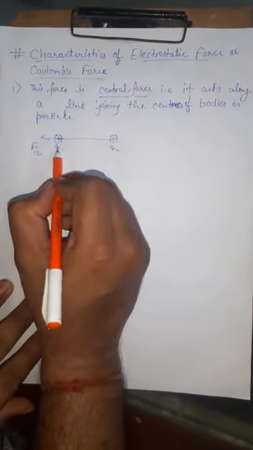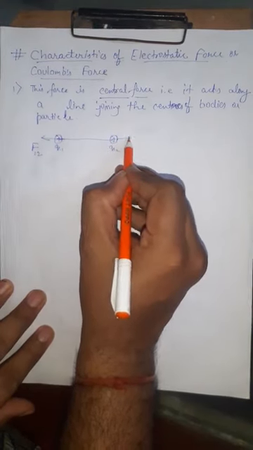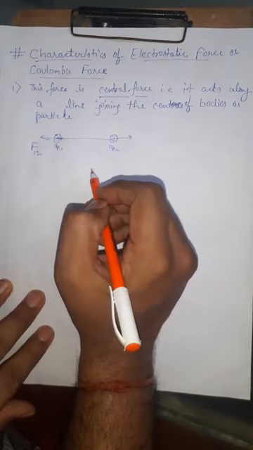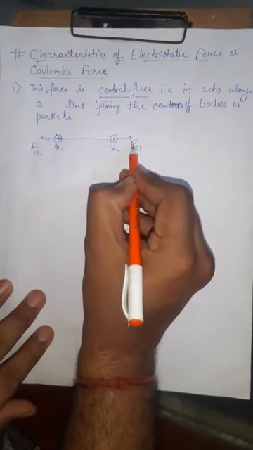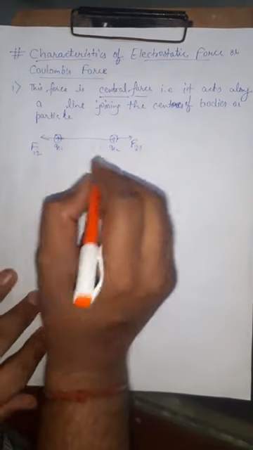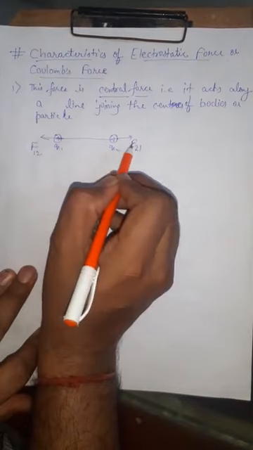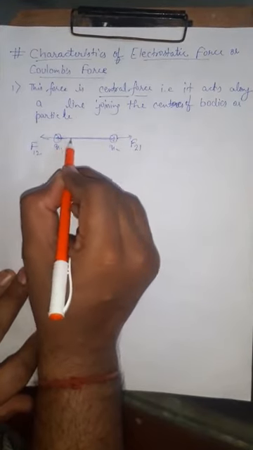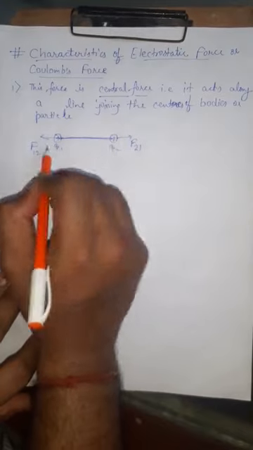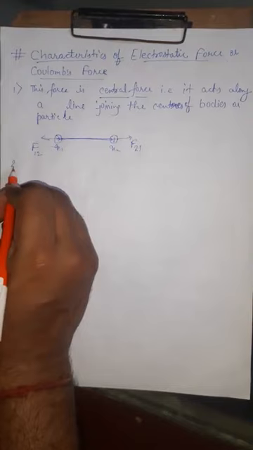So we can see from here that the forces F12 and F21 on these two charges are along this line that is joining these two charges.